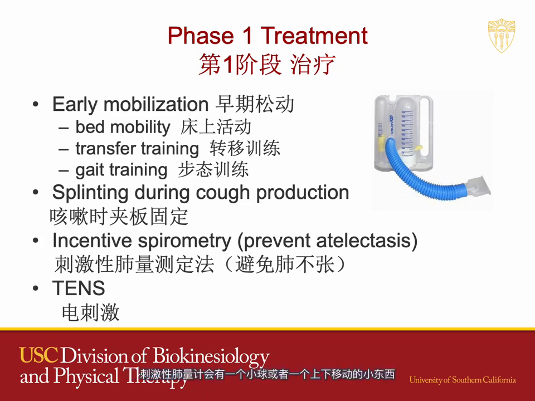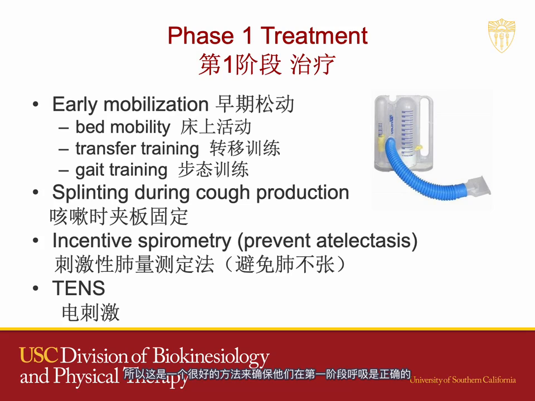An incentive spirometer is going to have either little balls or a little something that moves up and down. And so they put that around their mouth. They suck in inspiration. And when they do that, if they get enough, then it's going to show them that biofeedback, that they're expanding their lungs. They're opening up their rib cage. So that's a nice way to make sure that they are doing breathing correctly during this first phase.